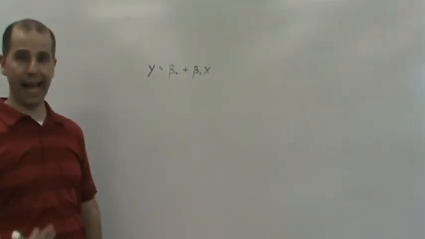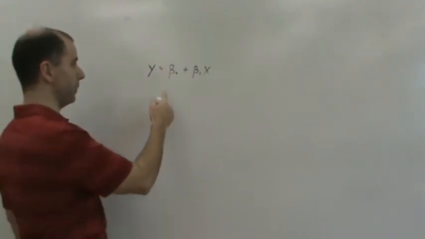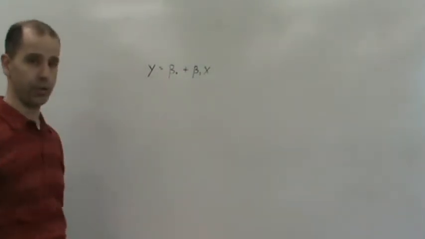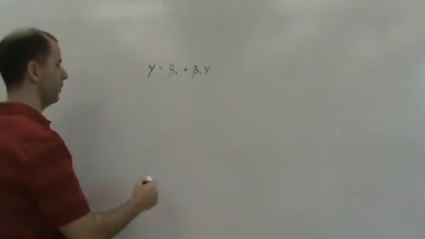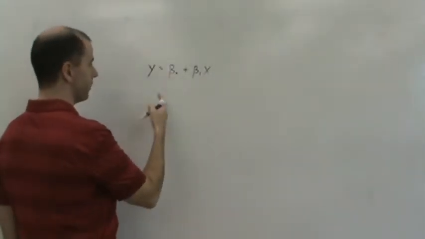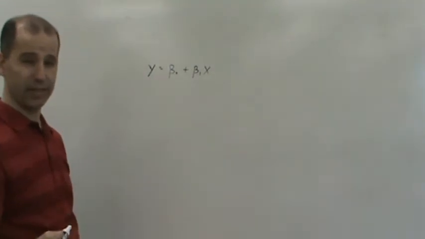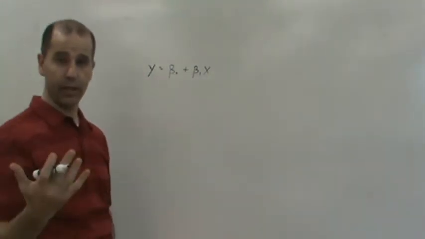We use these Greek letters for the actual values. These are the parameters of the regression equation. But we don't know what those are. So what do we normally do? Well, we replace these with our estimates. What are the best estimates? They come from the sample.